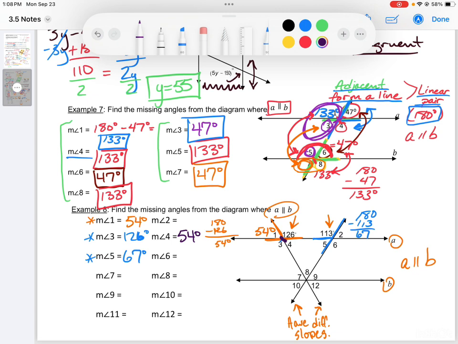Angle 2 is a linear pair with 113, or is opposite vertical to angle 5, so it's also 67 degrees. And lastly, angle 6 is vertical to the 113, which means they're equal.